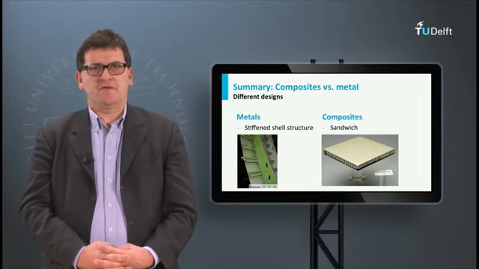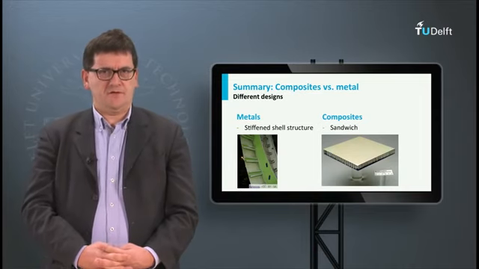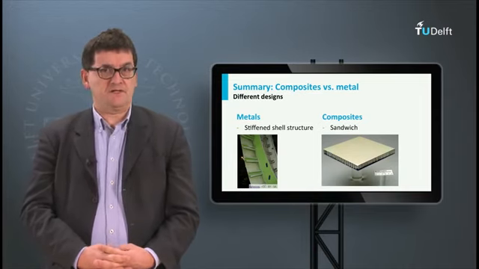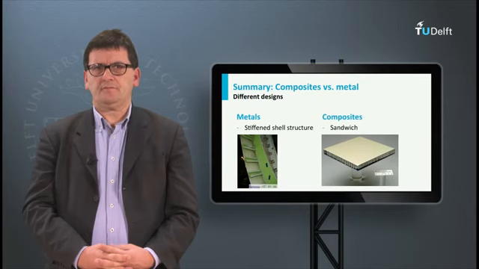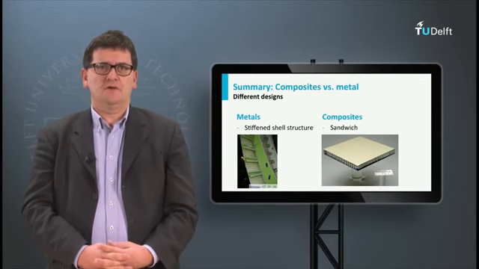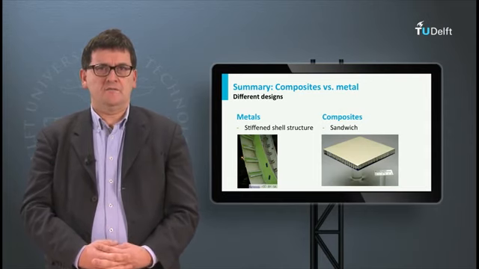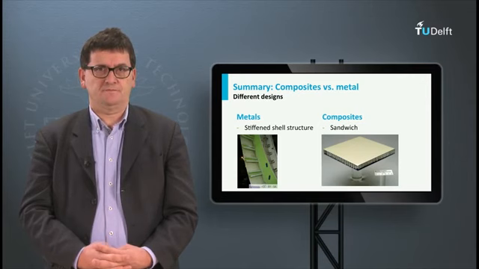Besides a difference in manufacturing processes, different materials also result in different designs. The stiffened shell structure in the left picture is typical for metal structures. The sandwich structure in the right picture is typical for composites. This underlines once more the triangle of design, manufacturing process and material, which is very important.